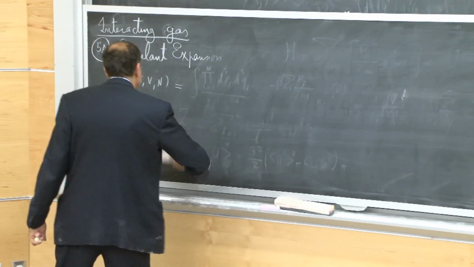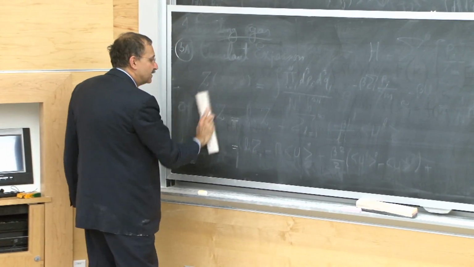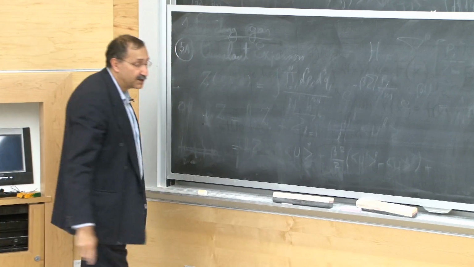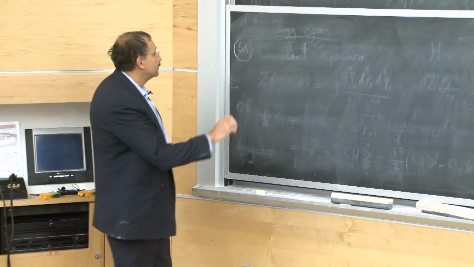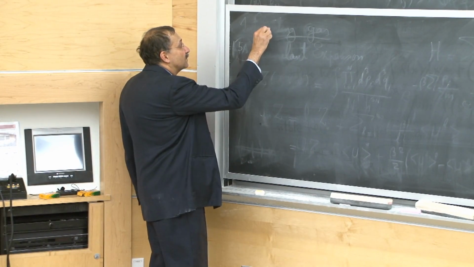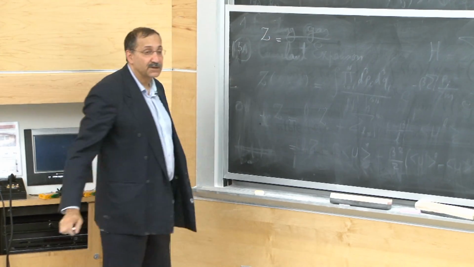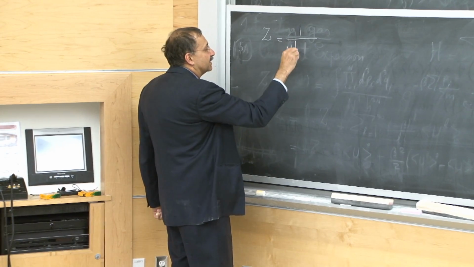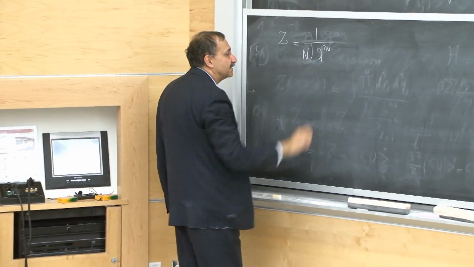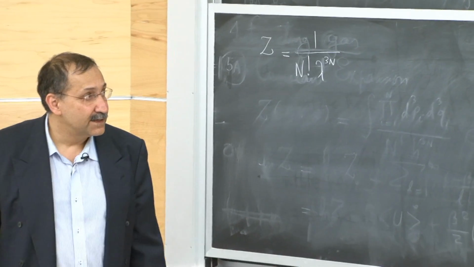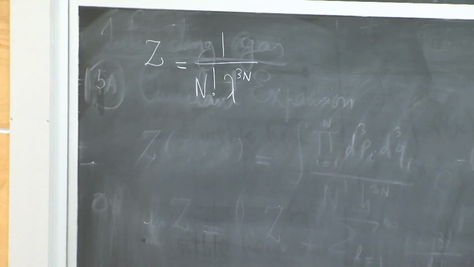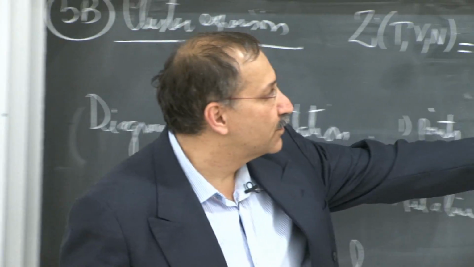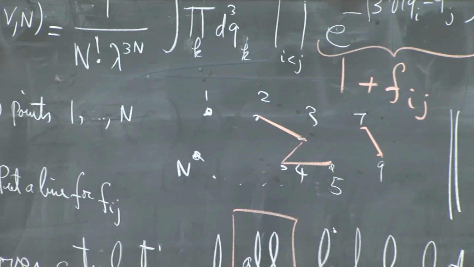Okay, so maybe this statement will now clarify things. What I have is that the partition function is 1 over n factorial lambda to the 3n, and then it is all of the terms that are obtained by summing this series.